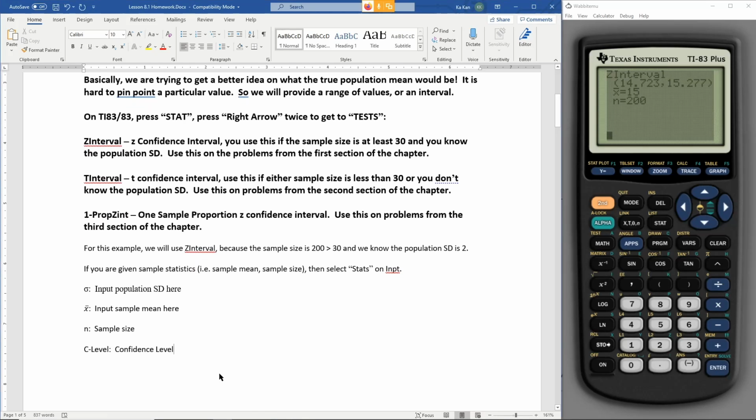Nice. Here's what it says. It says the confidence interval, sometimes we say CI, for the population mean is 14.728 to 15.277. So you're like, what does that mean?